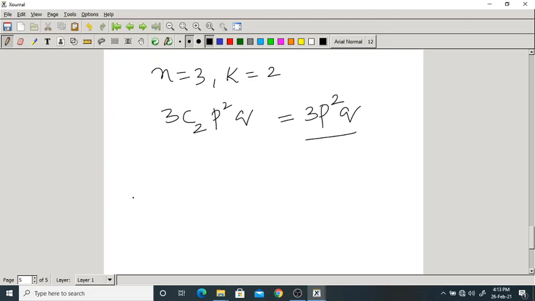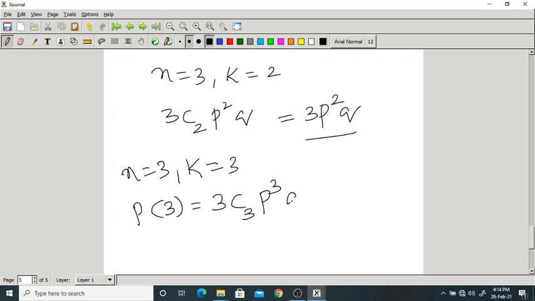Suppose getting 3 heads, which means n equal to 3, k equal to 3. What happens now? P of 3 equal to 3C3 into p power 3 q power 3 minus 3. That equal to 3C3 into p cube. That's it. What is 3C3? Again 1. That is simply p cube.